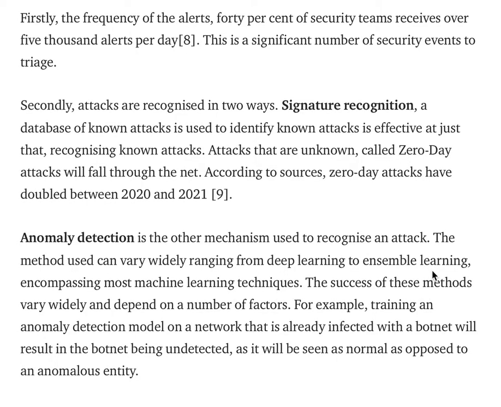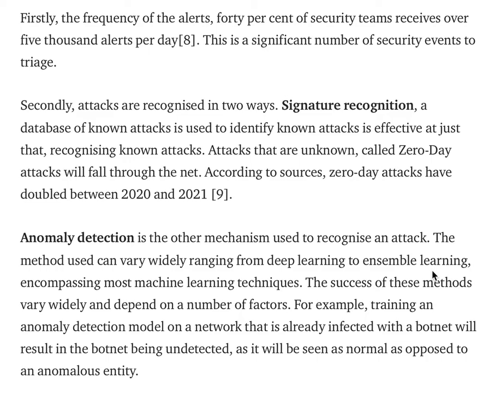As we've discussed, within this architecture, there's a number of devices and algorithms that will try and determine if an attack is underway. Now, those can be successful, but only to a certain extent. I mean, it has been documented that 40% of SecOps teams receive around 5,000 alerts per day.